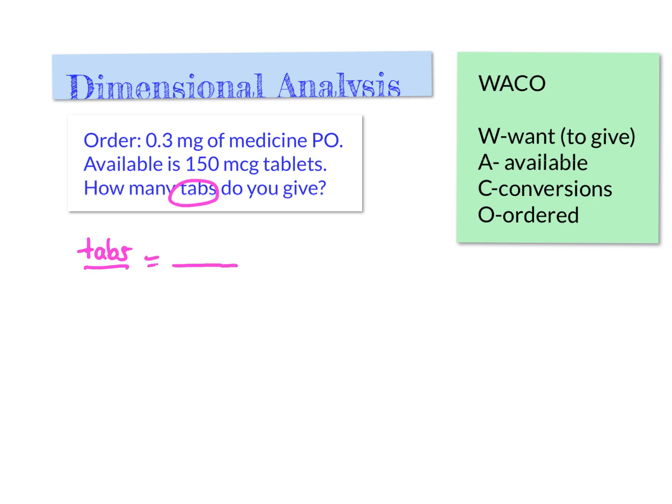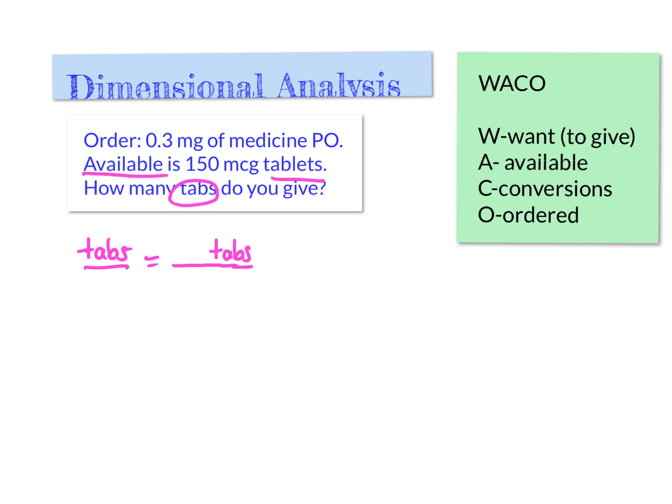And setting up my problem, I know that I need to put tablets up here because what is on top is what you want to give, okay? So I want tablets. Now, what is my available? I have tablets available right here. Here's my supply.